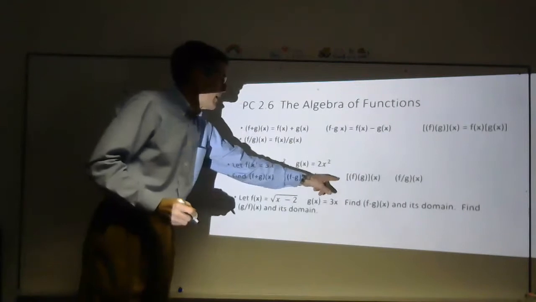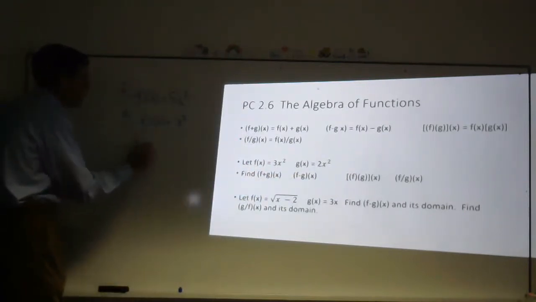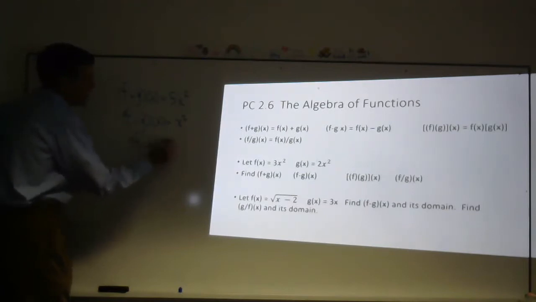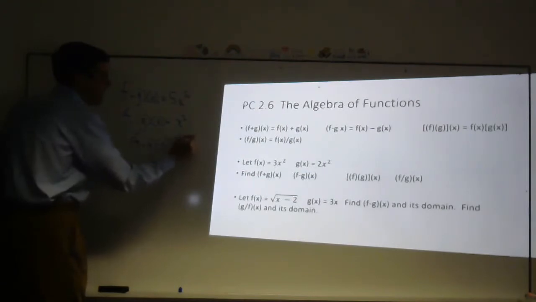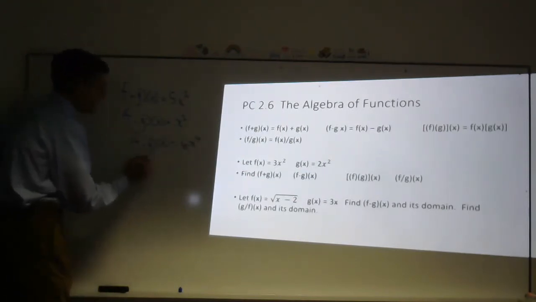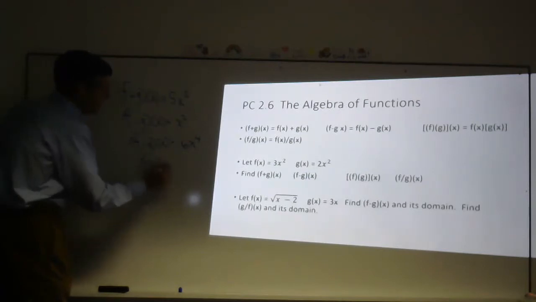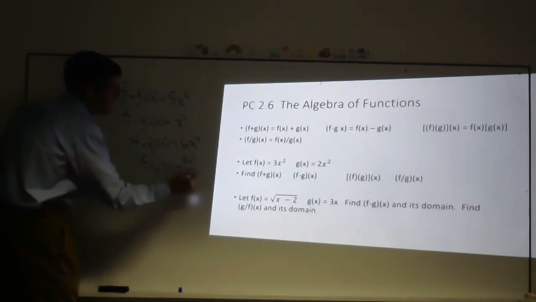If you multiply the two together, (f times g)(x) would be 3x squared times 2x squared, which is 6x to the 4th, and (f divided by g)(x) would be 3x squared divided by 2x squared.